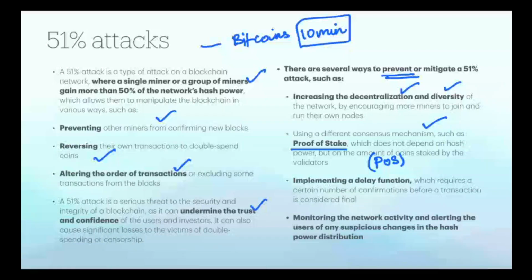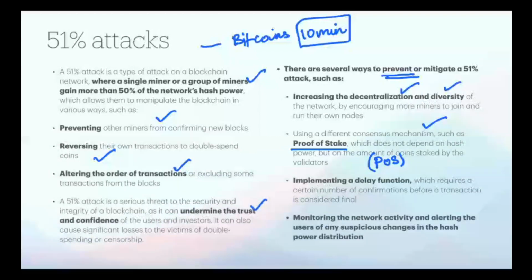Consensus mechanism means if two parties are there, we come to an algorithm for how to exchange the information between them. On what basis of security we want to ensure, that's what we call the consensus mechanism. So we have two methods, POW and POS. We can go for POS instead of POW.